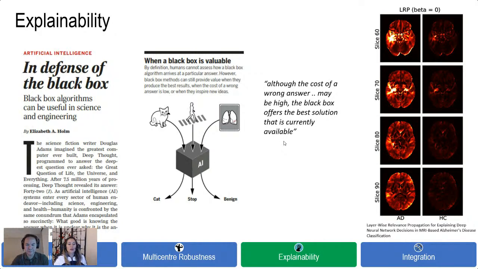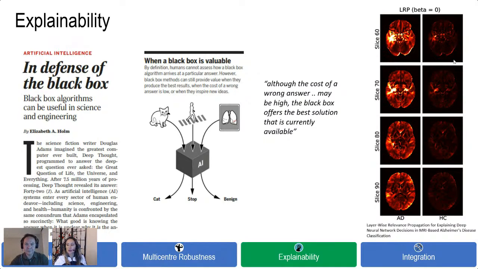In order to start to learn what's inside these so-called black boxes, researchers have been starting to build interpretability maps. What these do is they combine information from the different layers of the neural network in order to understand what areas in the image were important for making a decision.